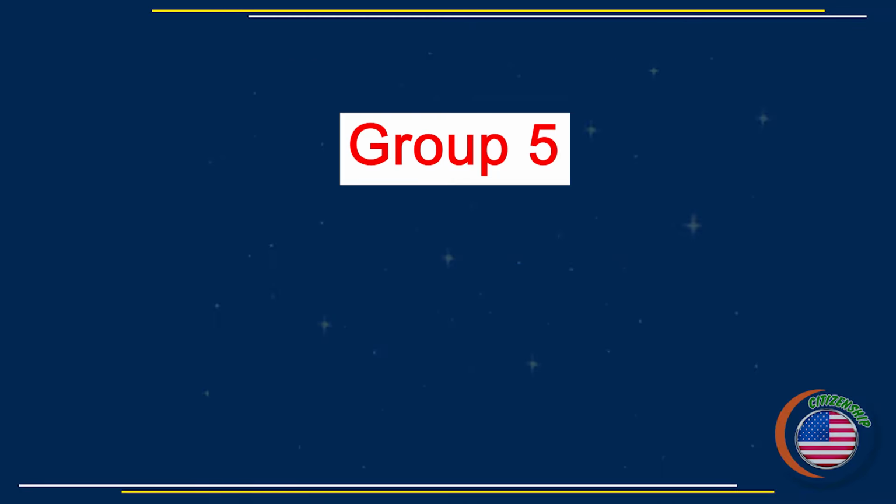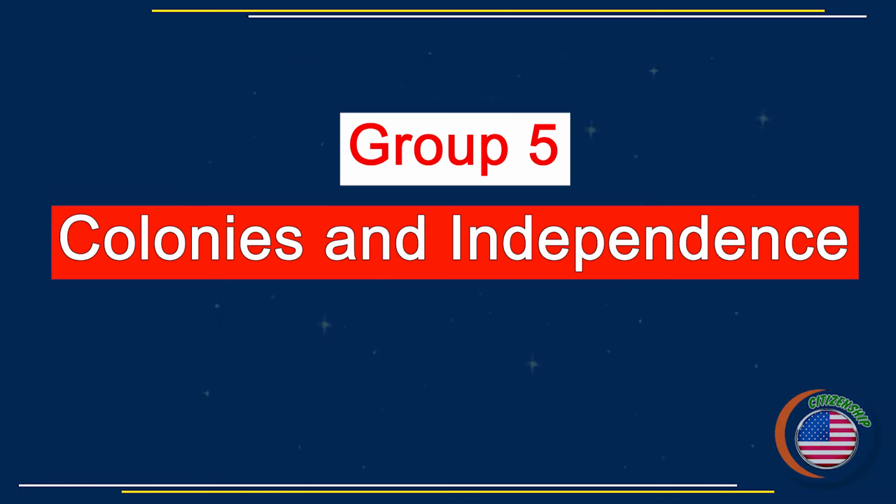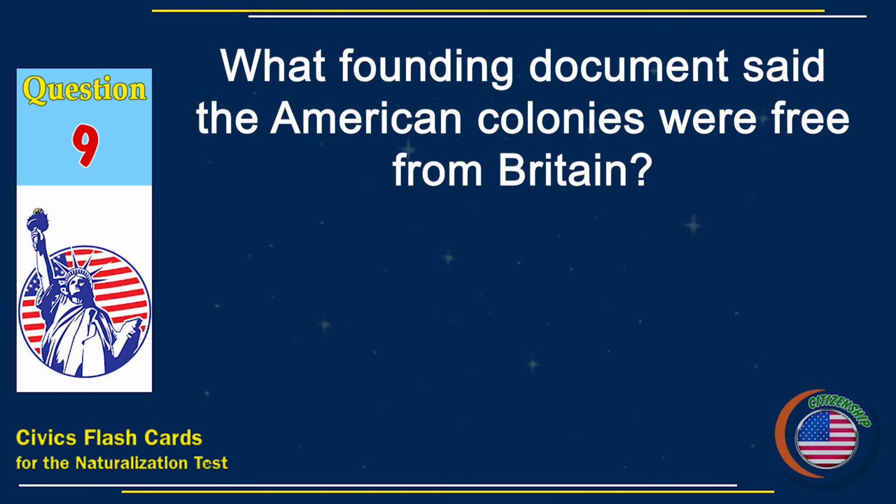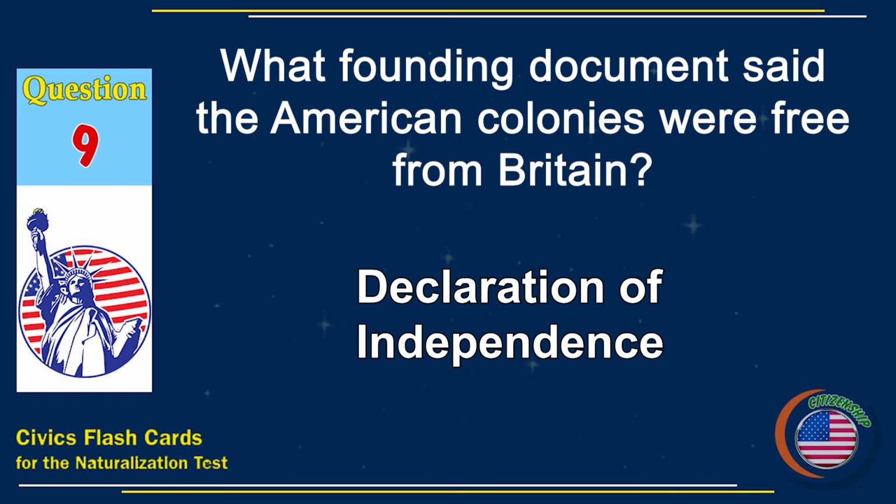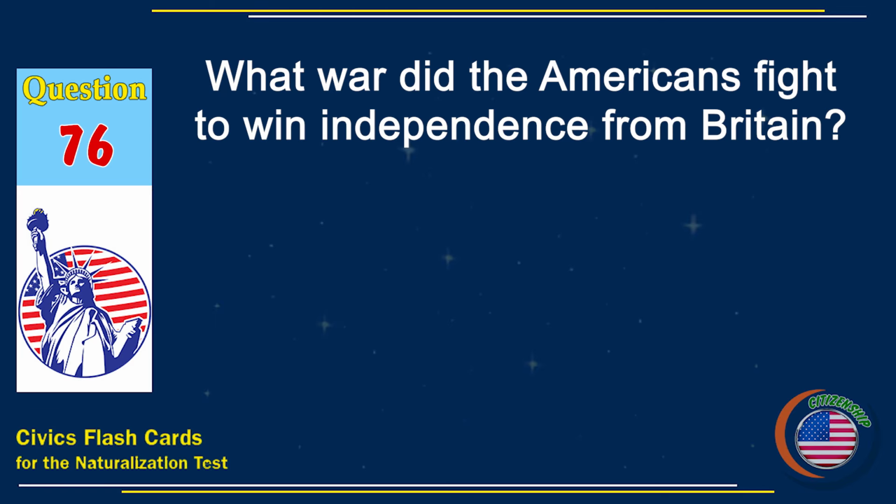Group 5. Colonies and Independence. What founding document said the American colonies were free from Britain? Declaration of Independence. What war did the Americans fight to win independence from Britain?